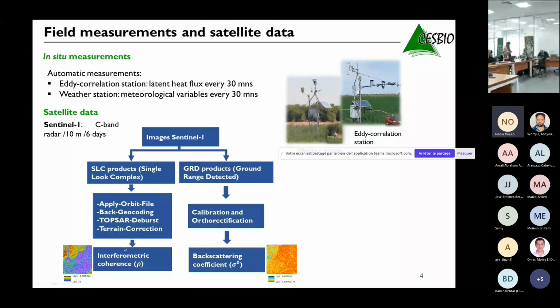Briefly, the radar measurement is a complex number whose intensity is the backscattering coefficient, while the interferometric coherence is a measure of the phase stability between 2 successive acquisitions. In this study, we have also used the optical Sentinel-2 images to extract the well-known NDVI.